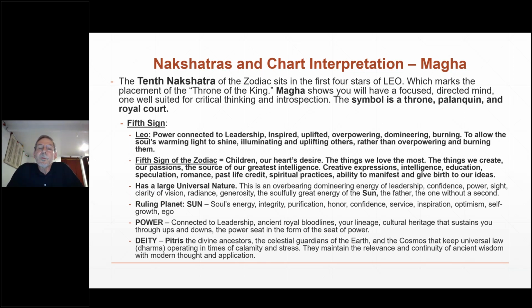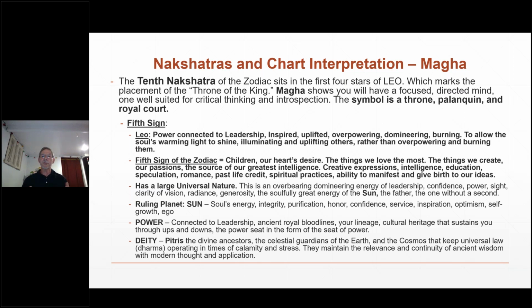And one of the things we educate ourselves about is higher knowledge, which is related to mantras and past life merit. Like if we're able to get initiated into some amazing techniques, for example, we can give tribute to that energy of this fifth sign.